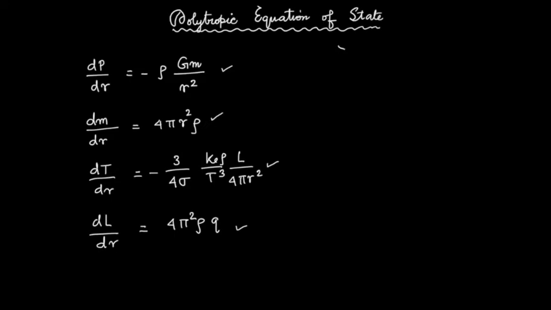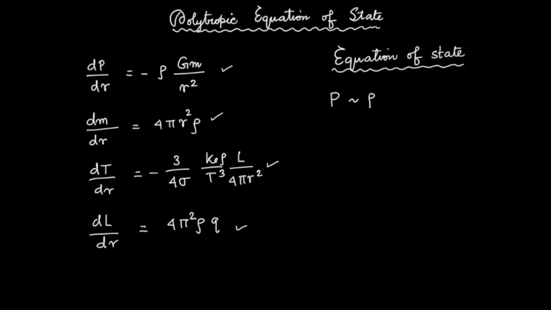But if I have an equation of state like that of the electrons, which are in the degenerate gas form, then remember that the equation of state doesn't depend on temperature.